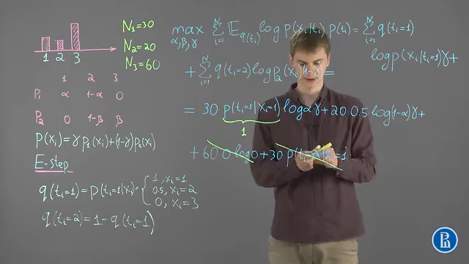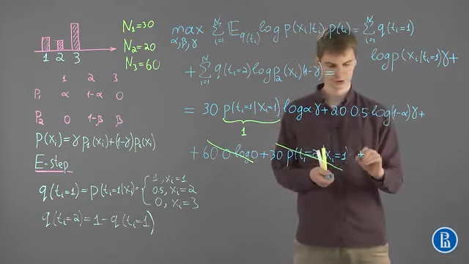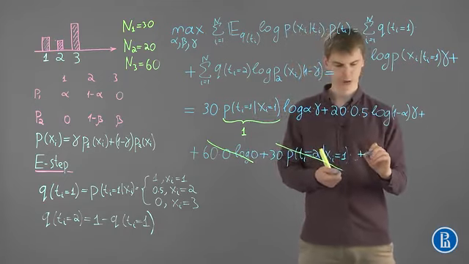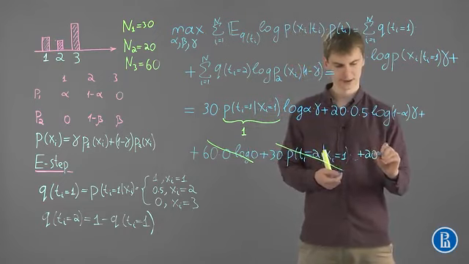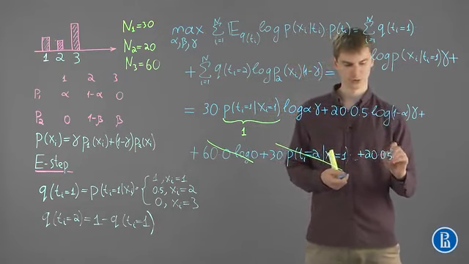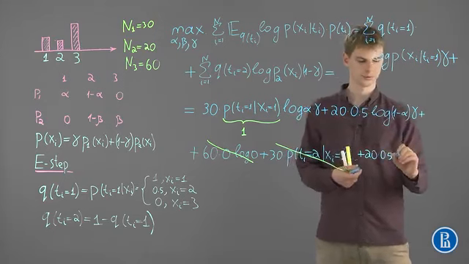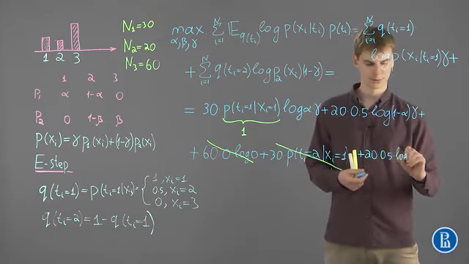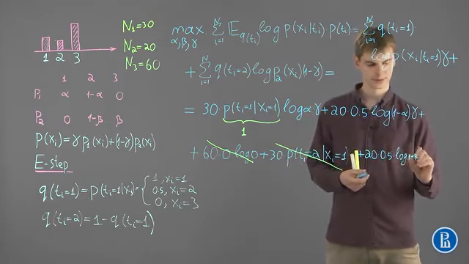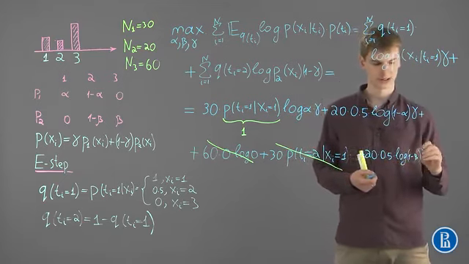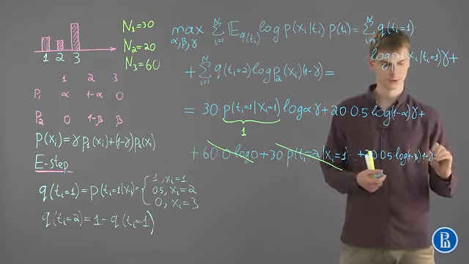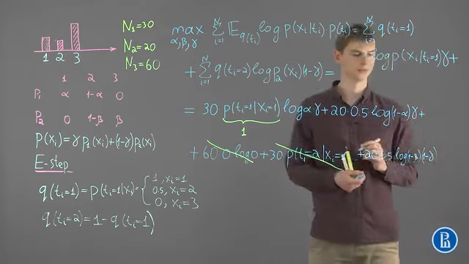And plus the final two terms, which is 20 times 0.5, which is Q, times logarithm of 1 minus beta times 1 minus gamma, which is the prior probability for the second component of the mixture.